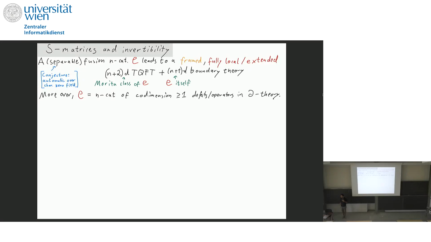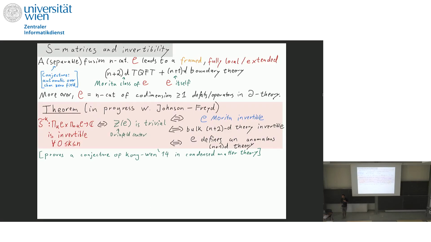Okay, so that's just for a bit of perspective. And then the theorem is the following. Suppose this S-matrix is invertible for all k. There's not only one S-matrix, there's an S-matrix for every k, because I can pair complementary dimensional operators.